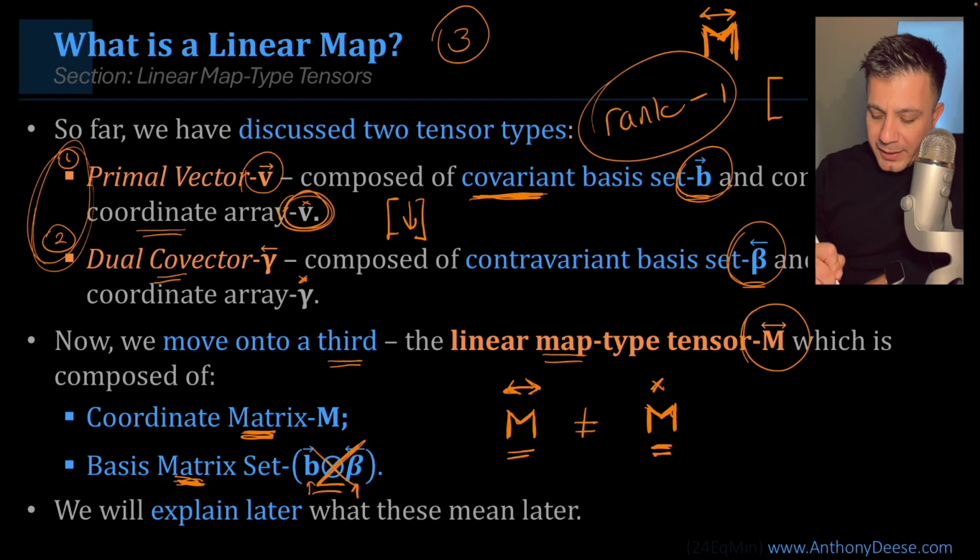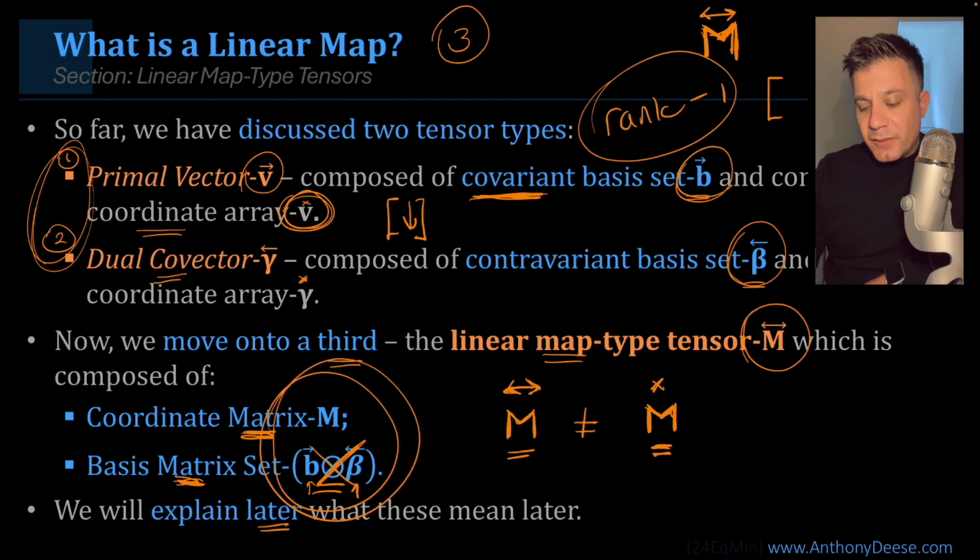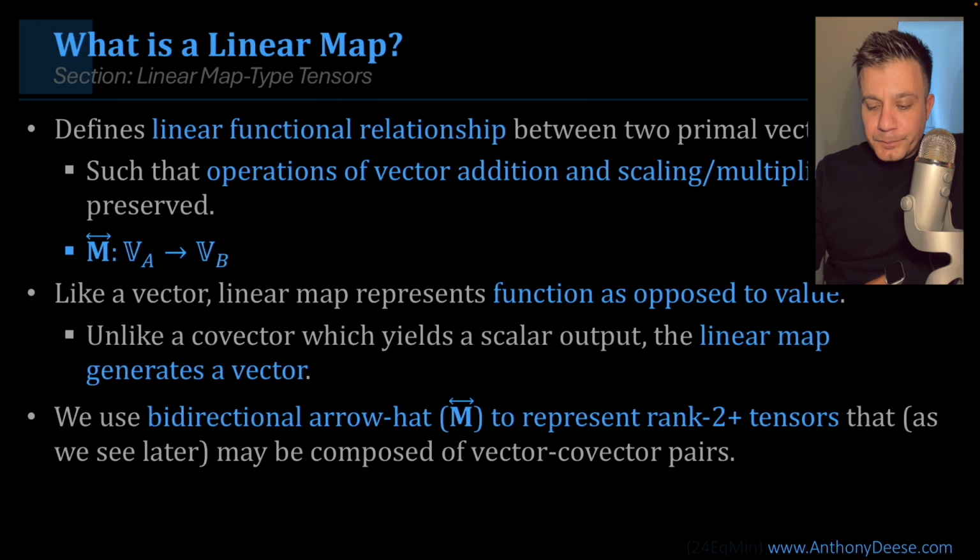We're going to explain later what these components mean, and specifically how we can combine them together to create a tensor, because it's a little bit more complicated than the situation for the primal and the dual vector, where we simply have to take a contracted product.